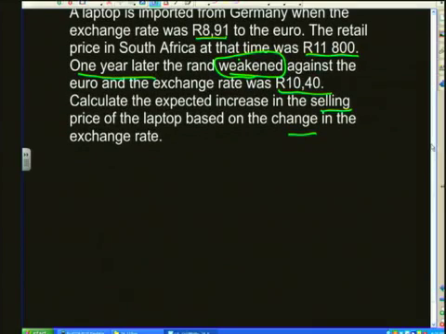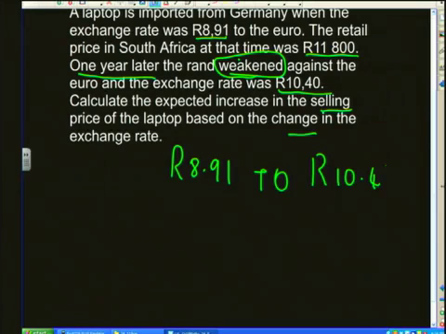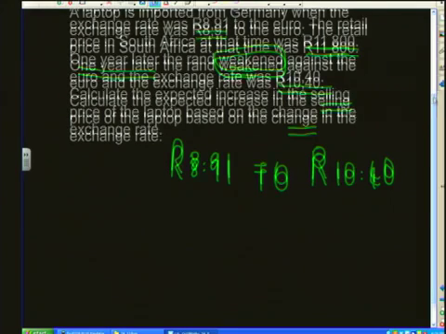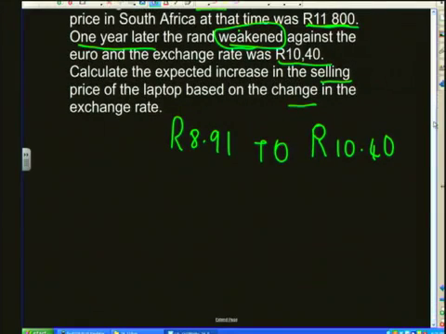Your exchange rate went from 8.91 rand to the euro to 10.40 rand. So based on this change, based on this percentage increase, what can we expect to pay in a year's time for this laptop? So the first thing we've got to do is work out what the percentage change was. So we work out the percentage increase.